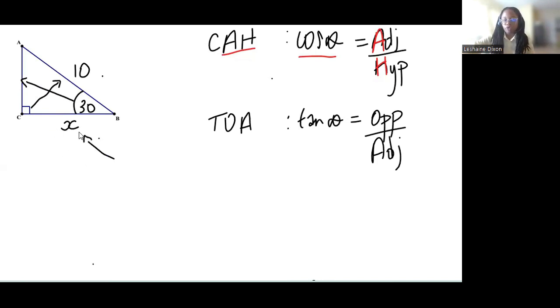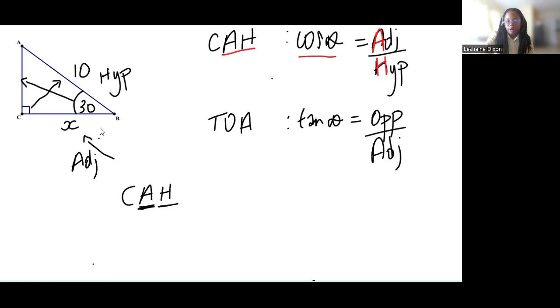So we're looking for x, we're looking for the adjacent side. So I have the adjacent side, and I have my hypotenuse. Now, if I have an adjacent, that's an A, and a hypotenuse, that's with H, then I will have to use CAH because I have the adjacent and I have the hypotenuse.